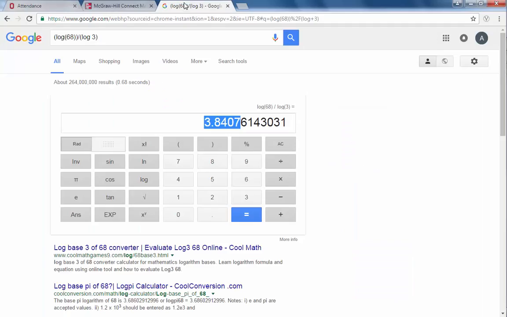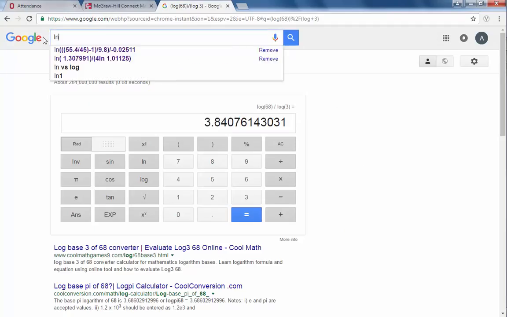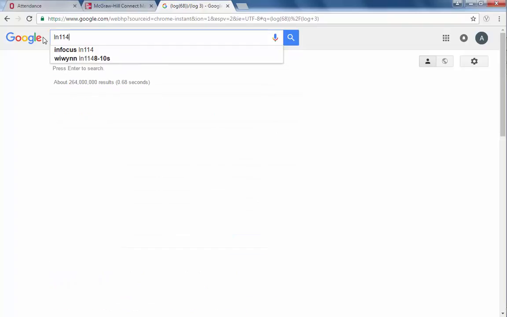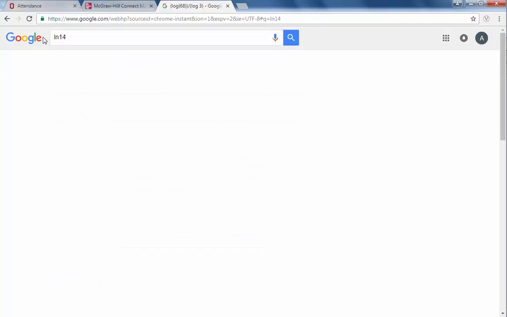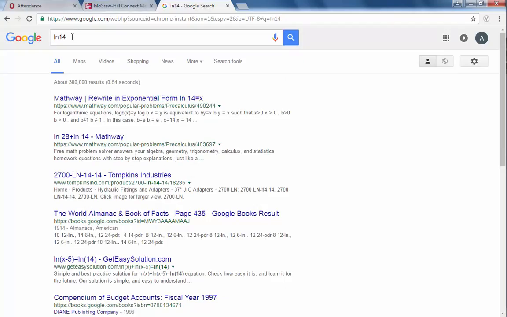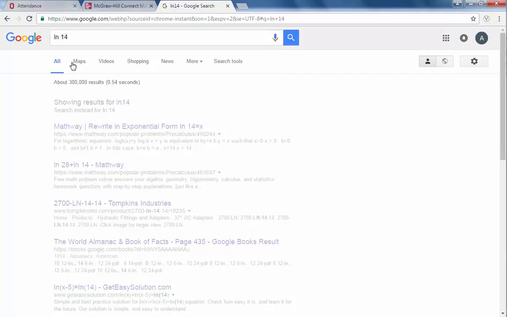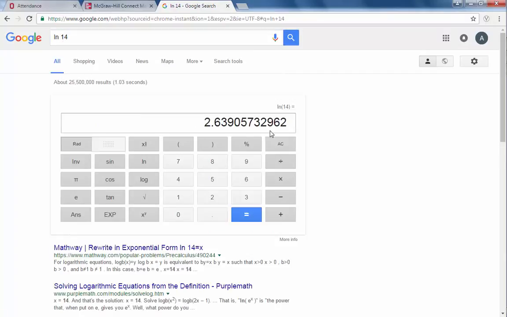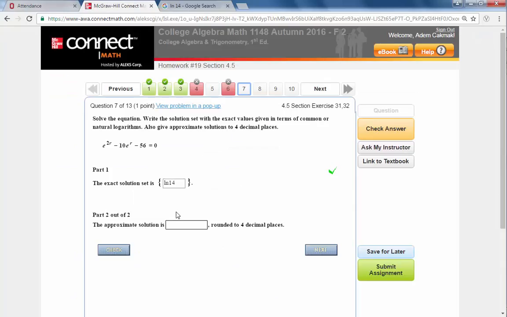Then they want the approximation. We can get it quickly. Always use some space. 2.6390 to 4 places.